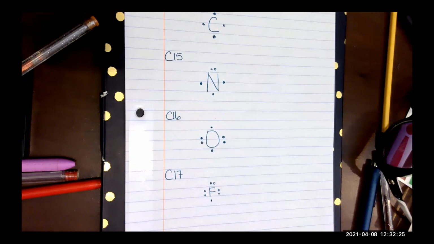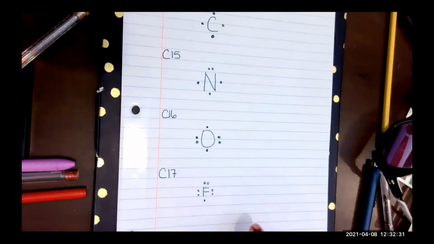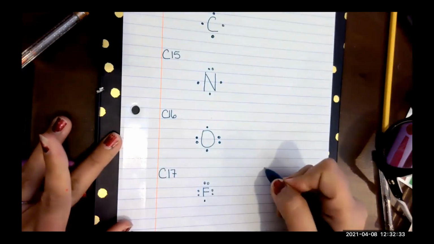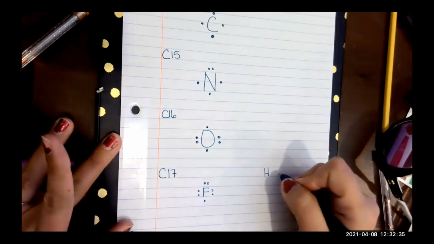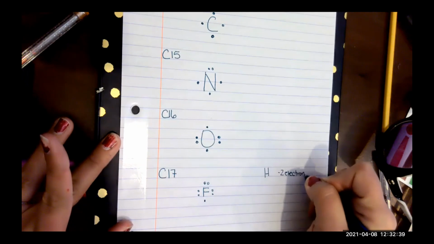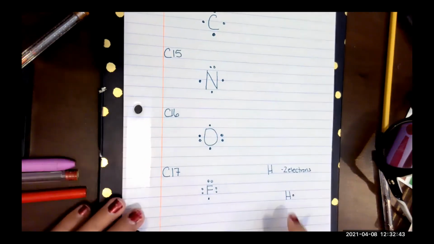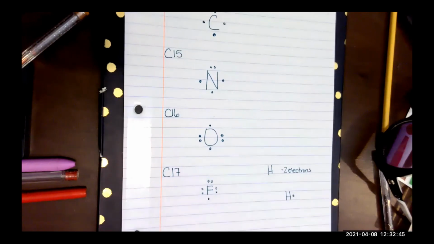So if we're looking at possibility of central atoms, column 14 is your most possible, to column 17 being your least. And then you have hydrogen that only wants 2 electrons, has a Lewis structure with 1 valence electron, and it is always terminal, and that's the rule. And that is how you do Lewis structures.